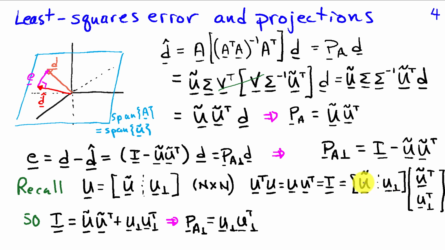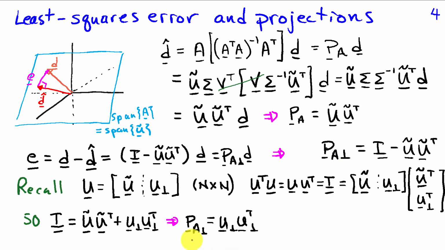matrix. So this is U tilde, U perp, U tilde transpose, U perp transpose, and multiplying these block matrices gives U tilde U tilde transpose, which is written down here, plus U perp U perp transpose. So if I subtract U tilde U tilde transpose from the identity on the left, then I'm left with U perp U perp transpose, and that has to be equal to the projection onto the space P_A perp.